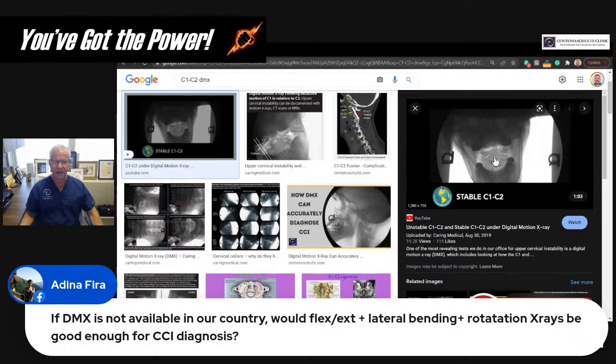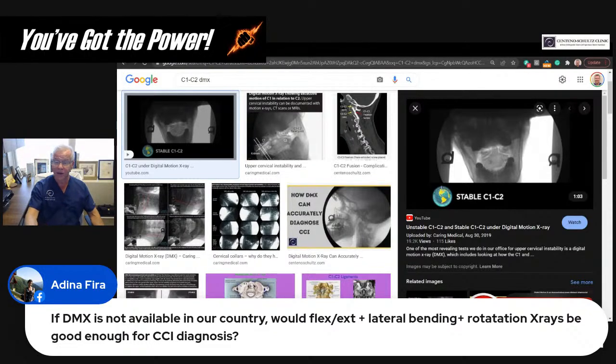And you can see C2 and you can see C1. So if they can get that kind of image, and maybe screenshot that now so that you can show that to them, with lateral bending, left and right, and then normal flexion extension x-rays.